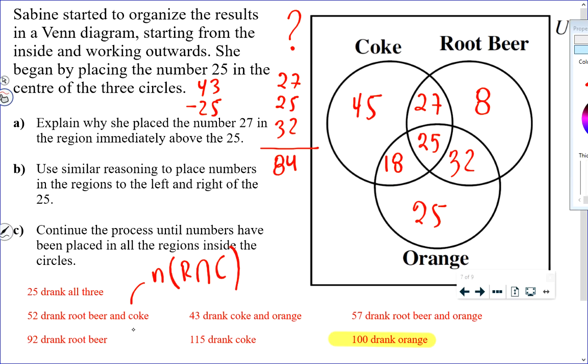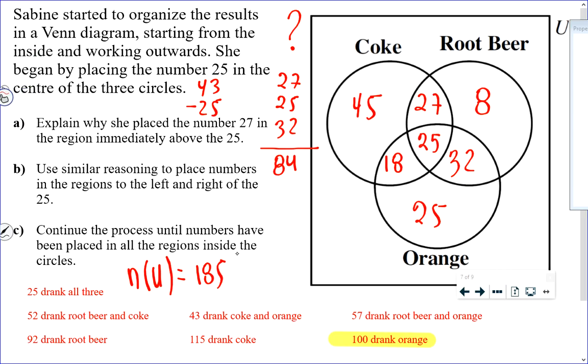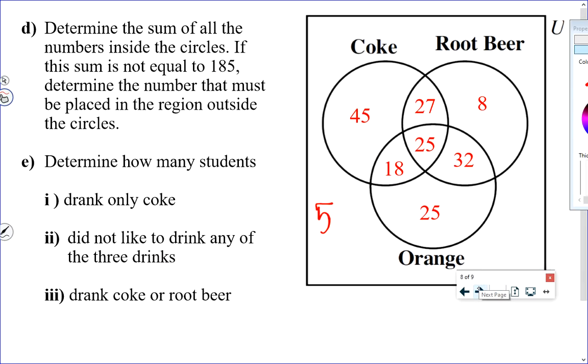So I could have said, the number in the universal set is 185, and all of this stuff in red at the bottom of the screen is true. How many drank none? And the only way you can reliably get that answer is to start in the middle and work your way out until you get to this point.